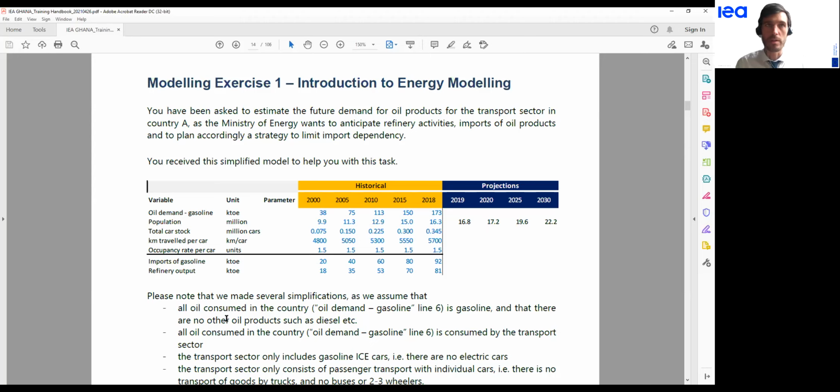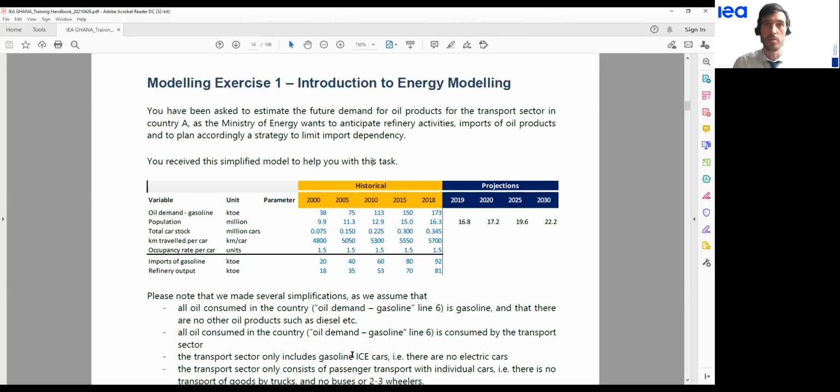We could go more into details in terms of disaggregation. We only consider one oil product, which is gasoline. We only consider passenger transport, and we do not look at buses. We do not look at trucks and any freight transport.